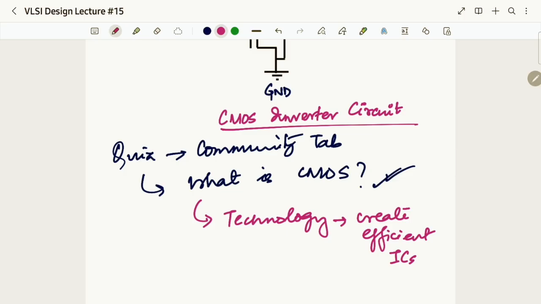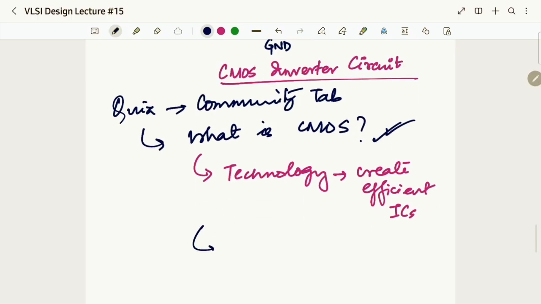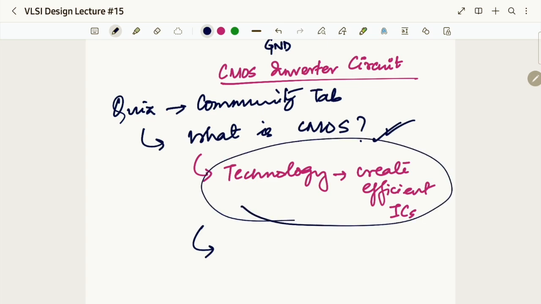Okay, now we have a tendency, whenever we see an abbreviation, we tend to answer it with its full form. So whenever the question is what is VLSI or what is CMOS, say what it does, that it is a technology to create efficient ICs.